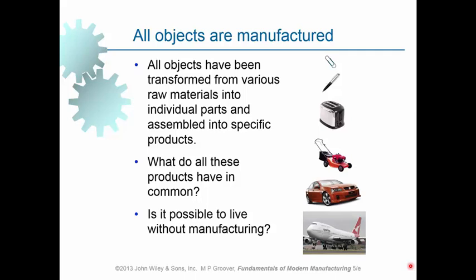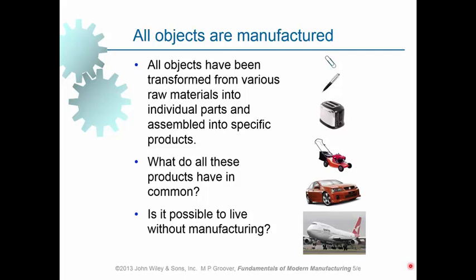Why is this? Even if we don't want to make use of manufactured products and live like the early man, would that be possible to live without manufacturing anything, even the simple tools? Of course not.